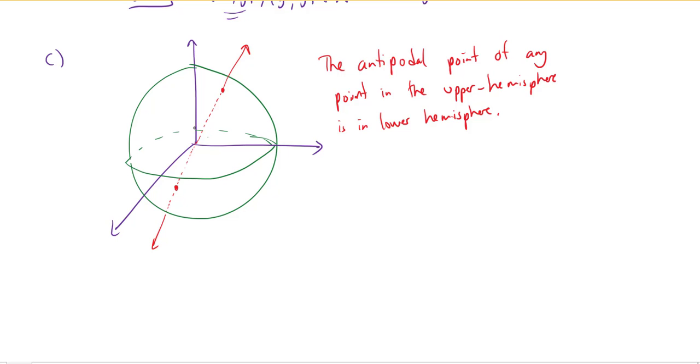What about this ring around the middle? Well, with the ring around the middle, if I choose some point here, I go through the origin, and it'll pass out again on this ring behind it. So there, I'm not going to be in either the upper or the lower hemisphere. So what I'm going to have to do is choose exactly half of these points. So I can start at one end, maybe, for example, over here, and I need to just go halfway around the circle.